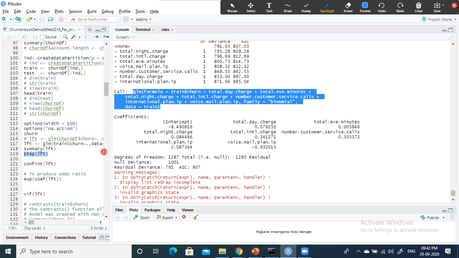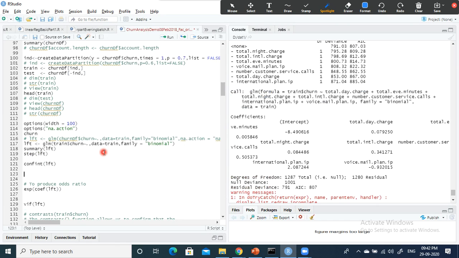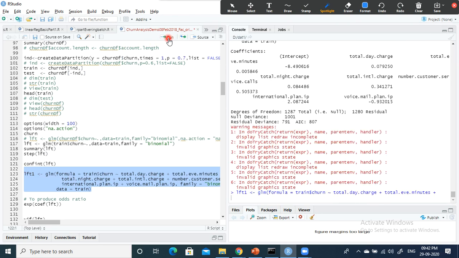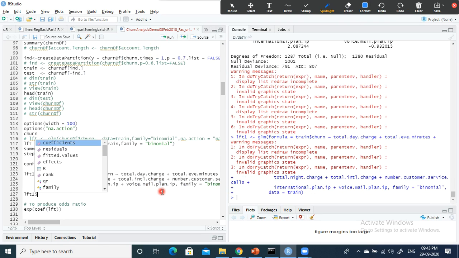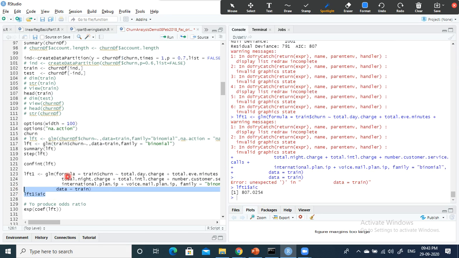If I copy this and fit another model, look here, LFT21, and put this formula here, and fit this new model, because this one was recommended by the step function, and then check the AIC of LFT21, it is 807.